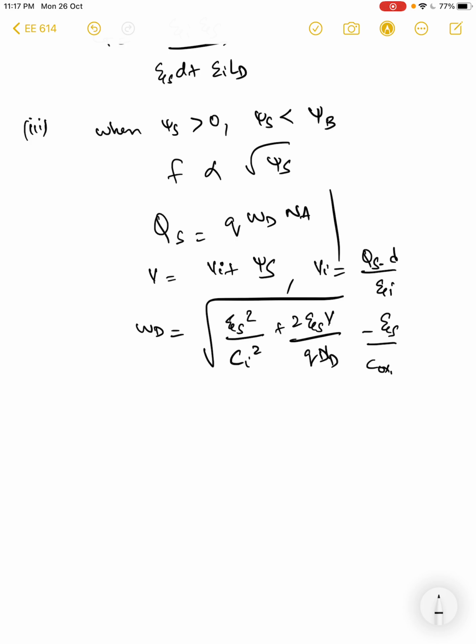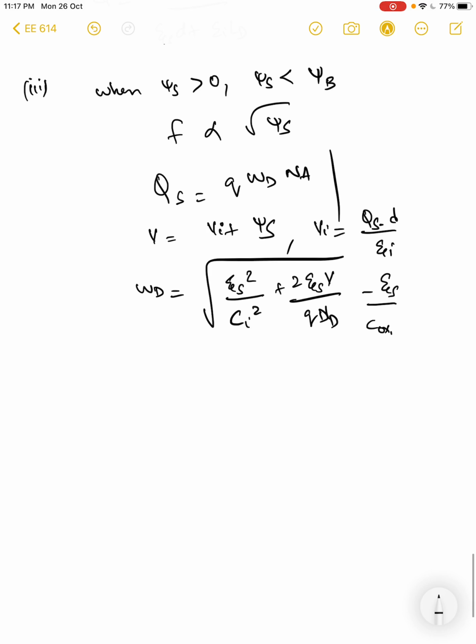So basically what happens is under these situations you have the depletion capacitance CD much smaller than the geometric capacitance, right?